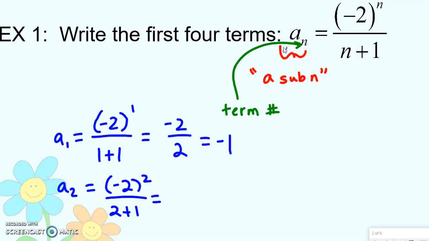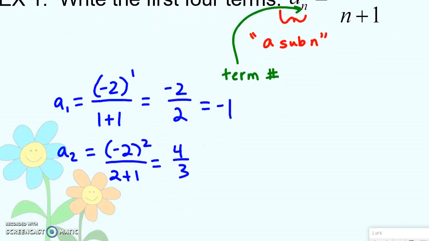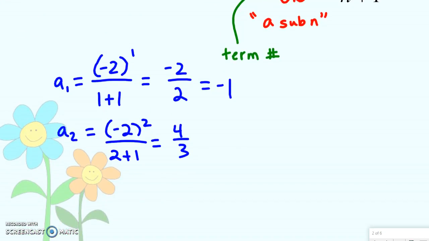So negative 2 squared is 4, 2 plus 1 is 3, so 4/3. Go ahead and pause and do A sub 3 and A sub 4. So then A sub 3, you should get negative 2. A sub 4, you should get 16 over 5. Okay, so my first four terms, I'm going to write them in a list now.